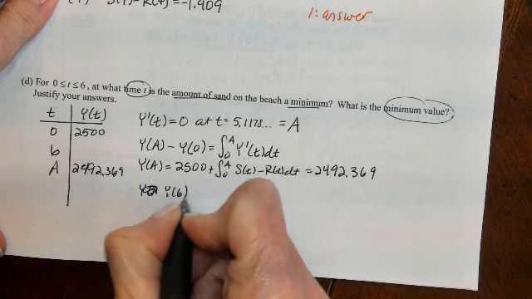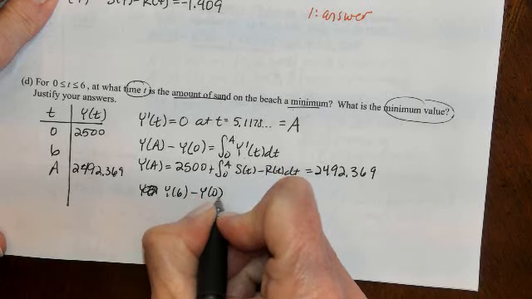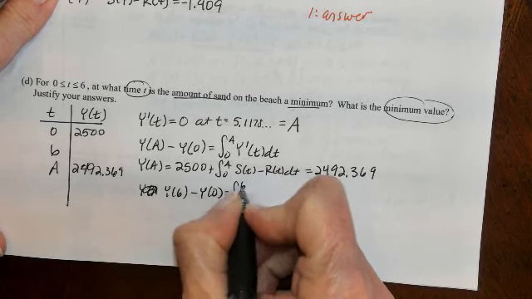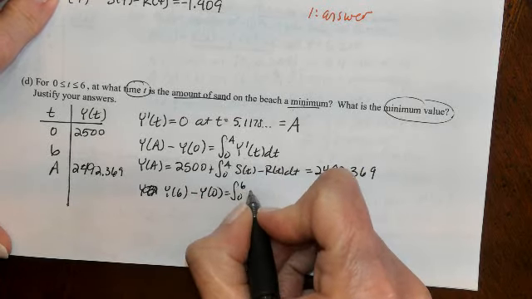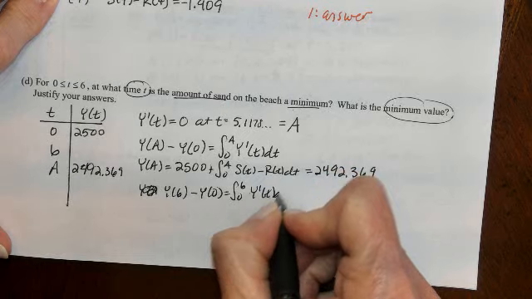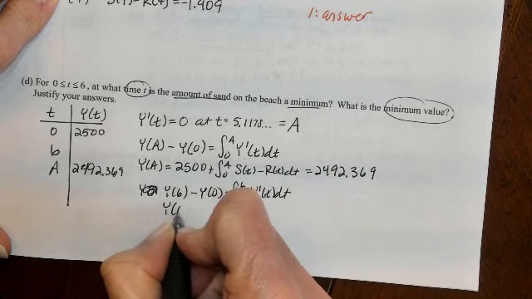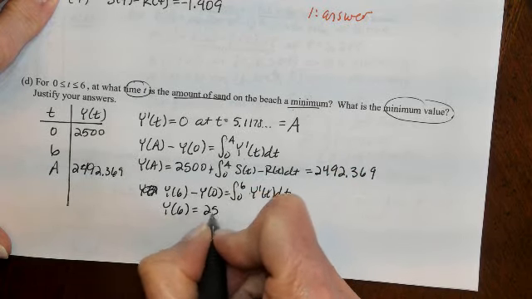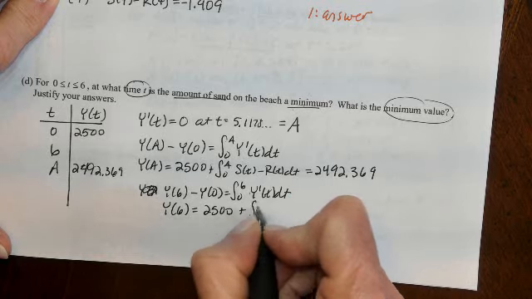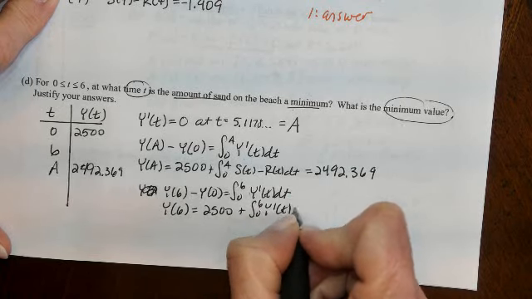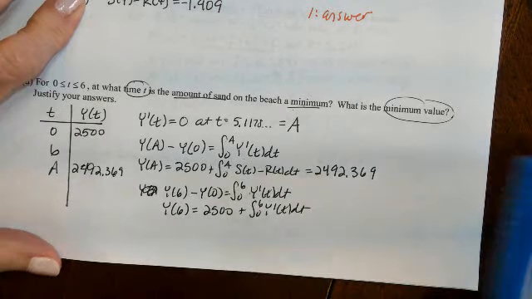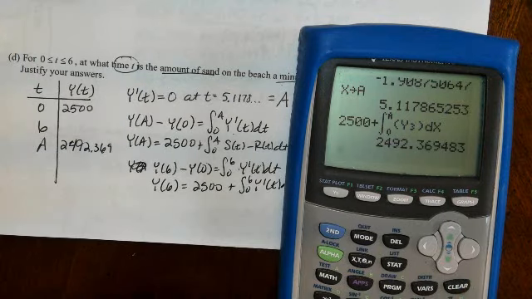y at 6 minus y at 0 is the integral from 0 to 6 of y prime. So y at 6 is equal to 2500 plus that integral. You know what I'm going to do?